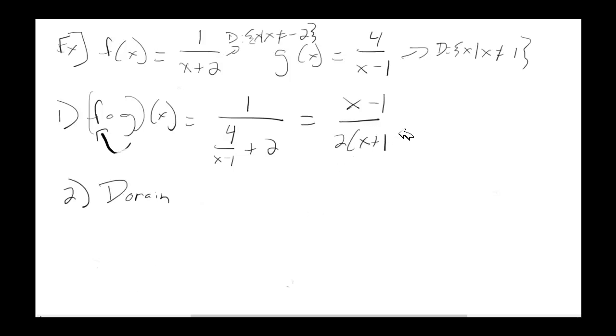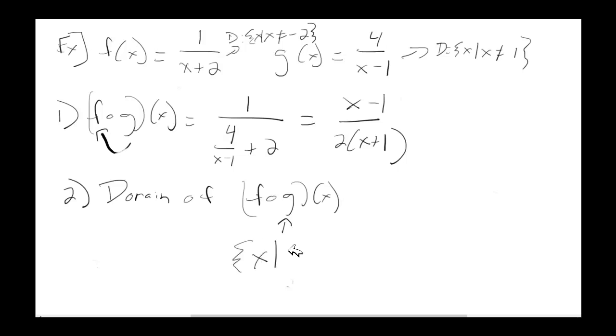Okay, so I put the simplified function here, and I rewrote the domains of each of these. So now I want to figure out what's the domain of f composed with g. Okay, so with this, you need to look at two things. First, it includes the domain of g. So any problems in g continue out throughout the whole problem.